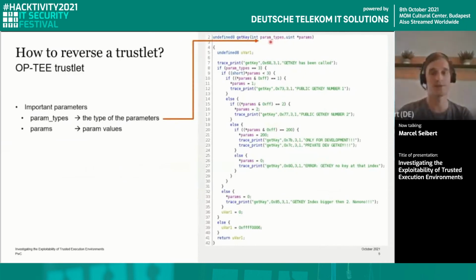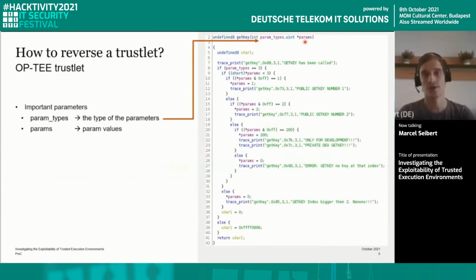For the type, like the name says, we can get different types from the normal world. So we would get typical types like a value input, value output, value in output, or also the same for buffers: a buffer input, buffer output, and buffer in output. The parameters themselves contain the data.